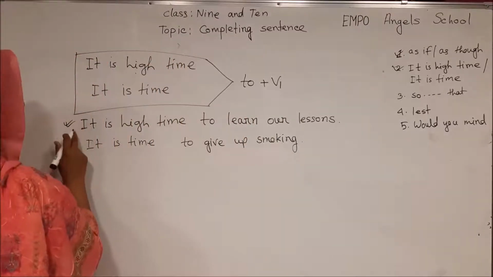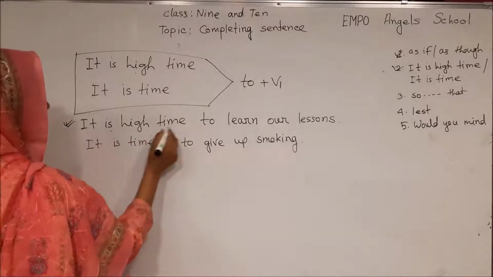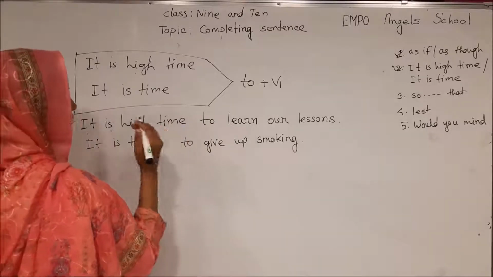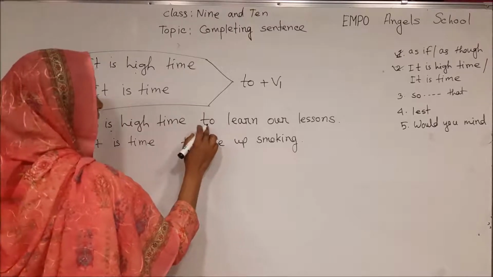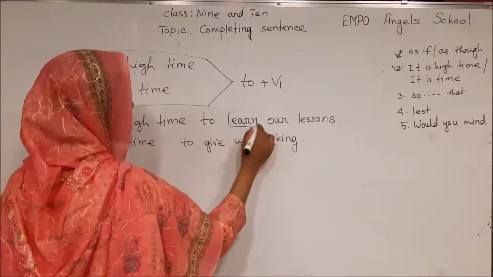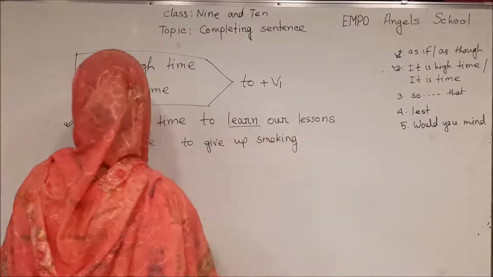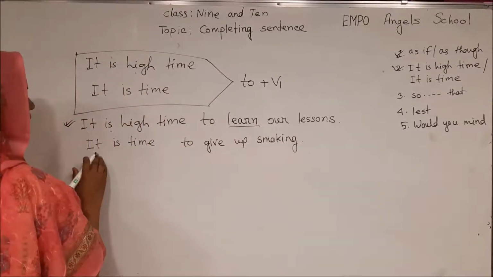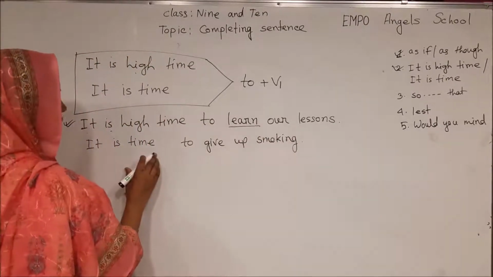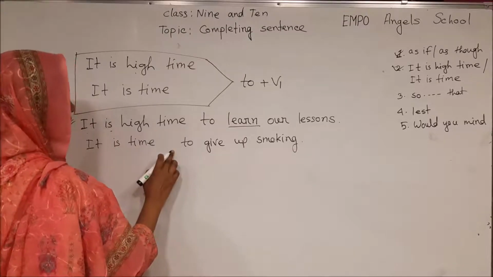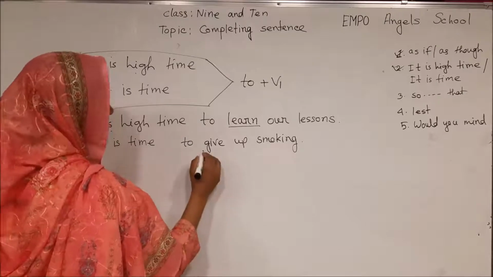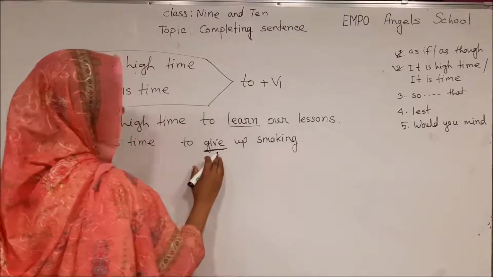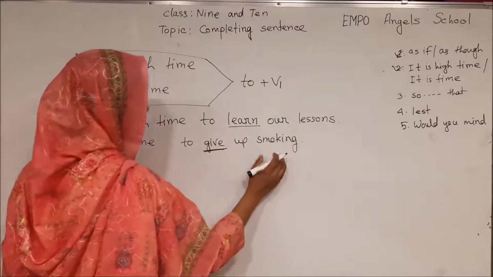In the first sentence here, after it is high time, as I don't have any subject, so I take to and then verb one, learn, and complete the sentence. In the second sentence, after it is time, I also don't have any subject here, so I have taken to and I have taken verb one, give, and complete the sentence.